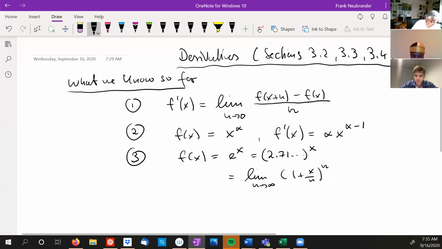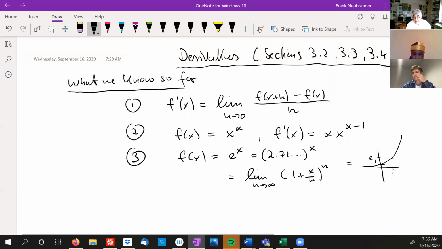And if you graph this function, it looks like all other exponential functions, in that it grows pretty quickly.